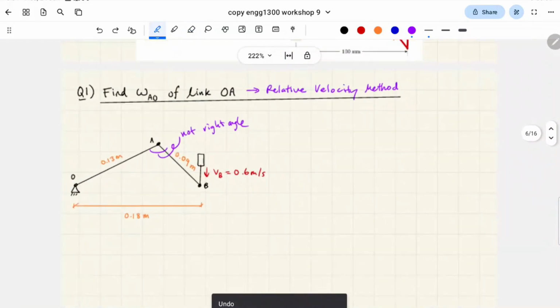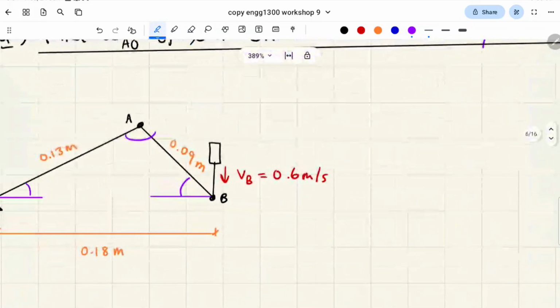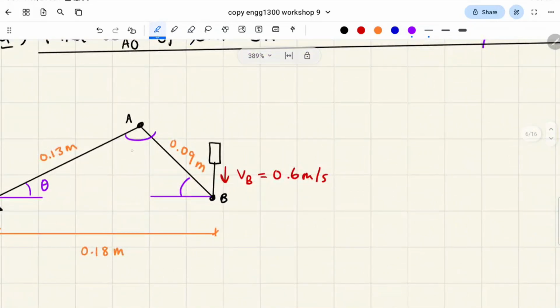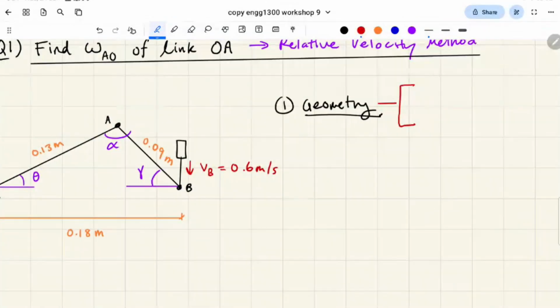So we're just going to call these angles various things. Call this one theta, that one alpha, gamma. Just a quick recap of our cosine, sine laws.